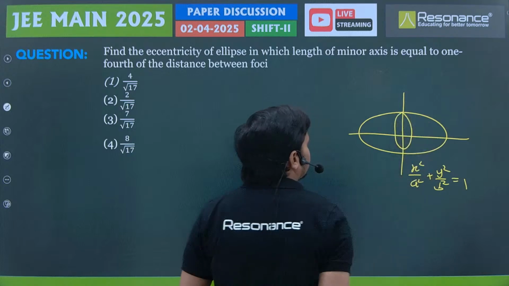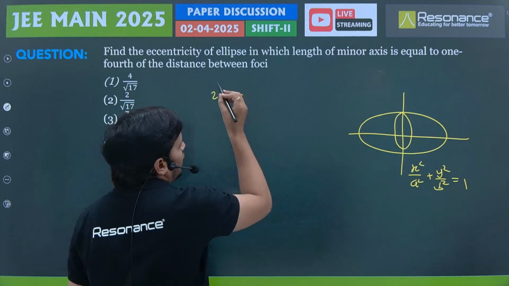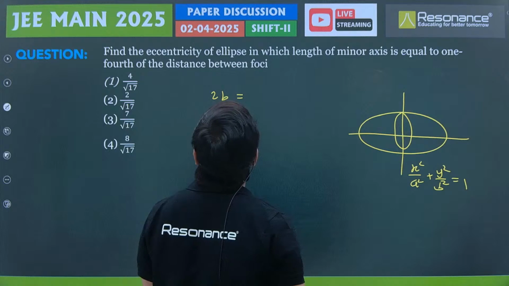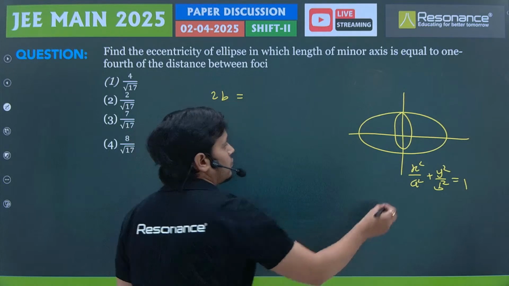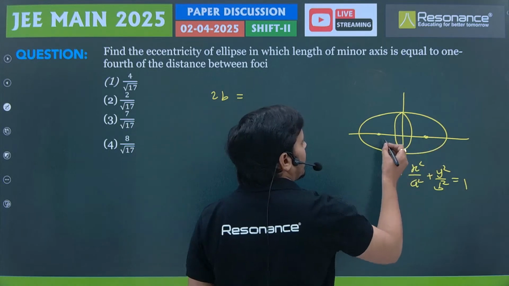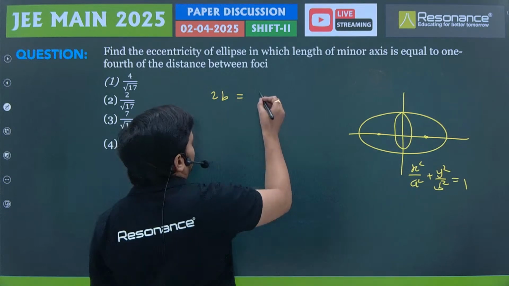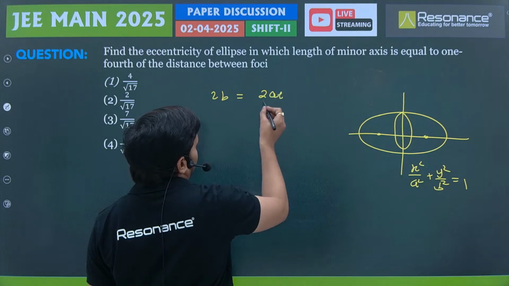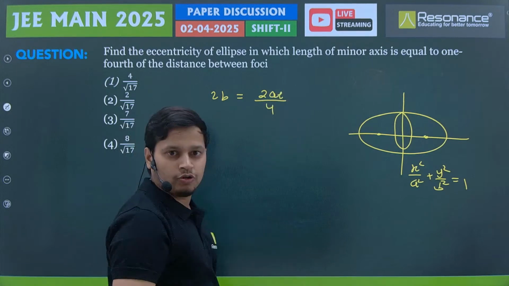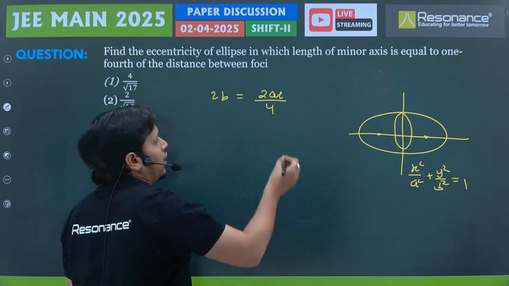Length of minor axis, that is equal to 2b, equal to 1/4 of distance between the foci. Here AE comma 0, minus AE comma 0, distance is 2 AE, 1/4 of this one. So 2 AE by 4, 1/4 of distance between both foci.